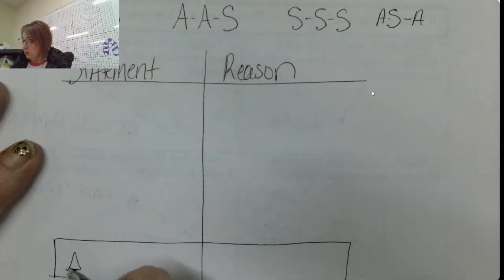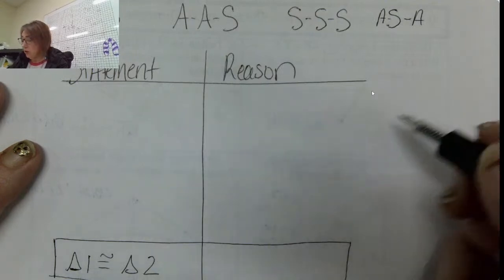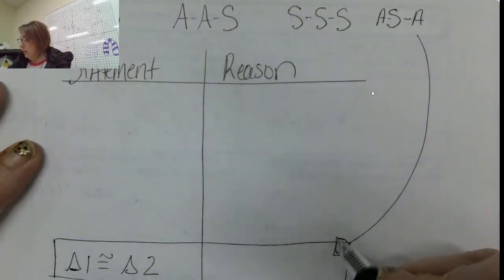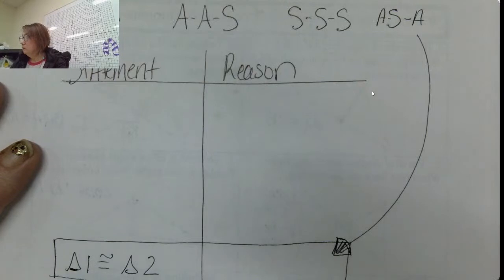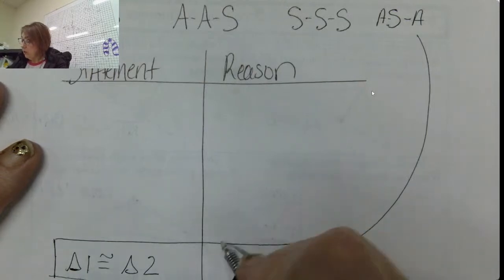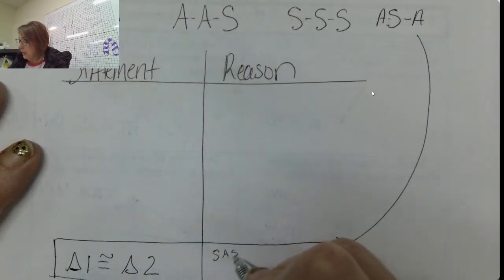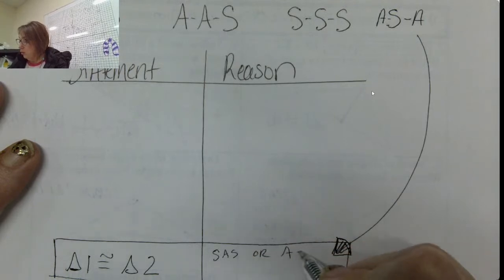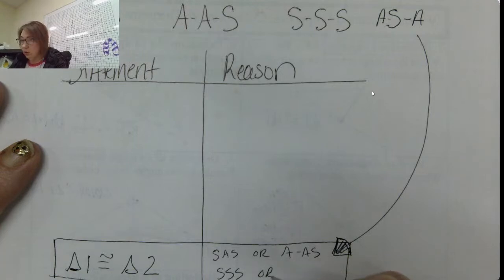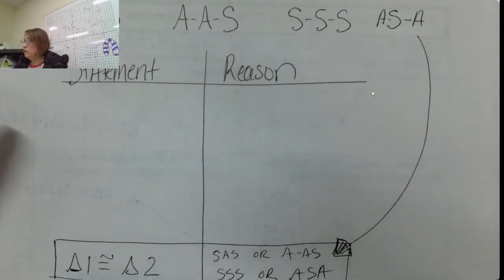You're going to say like, triangle 1 is congruent to triangle 2. And then you're going to give one of these reasons. It's either going to be because side angle side, or angle angle side, or side side side, or angle side angle. One of those four things will be right there.